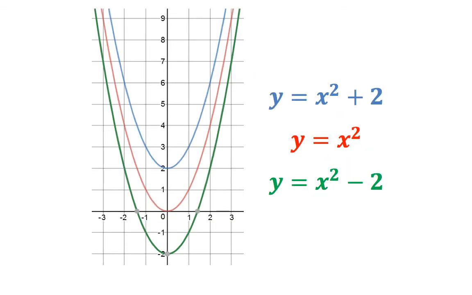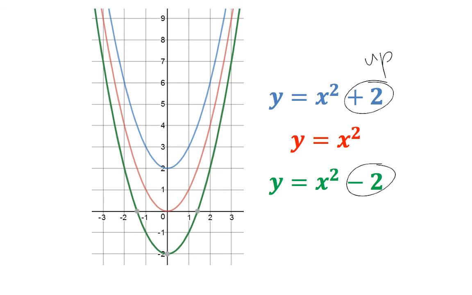Our base parabola of y equals x squared is shown in red. Our newly transformed parabola of y equals x squared plus 2 is shown in blue. The value of k is positive 2, which means it is going to be translated 2 units upwards. Our other parabola of y equals x squared minus 2 is shown in green.